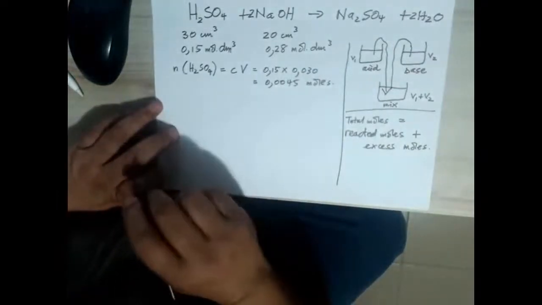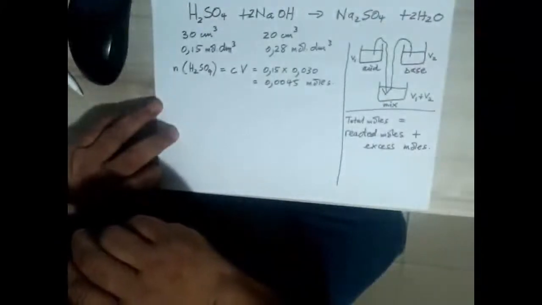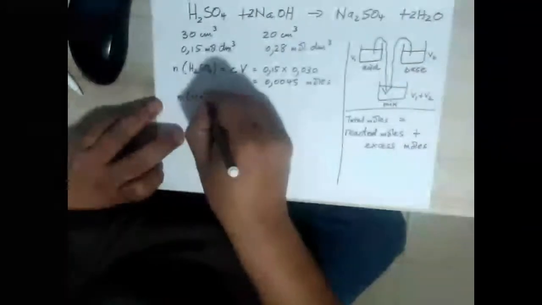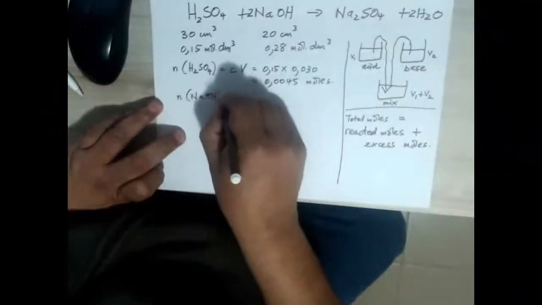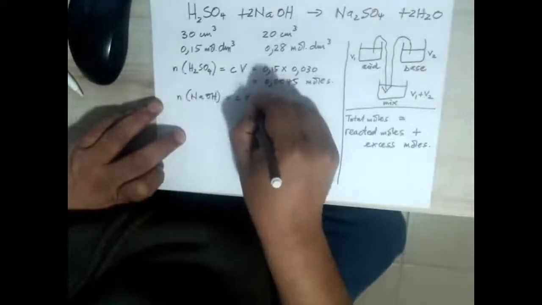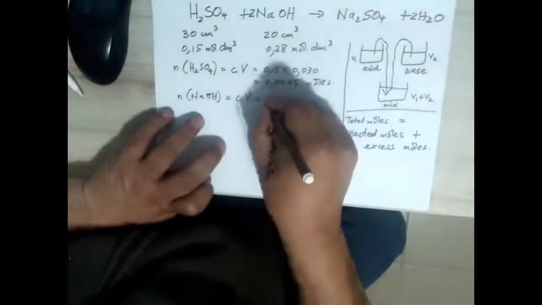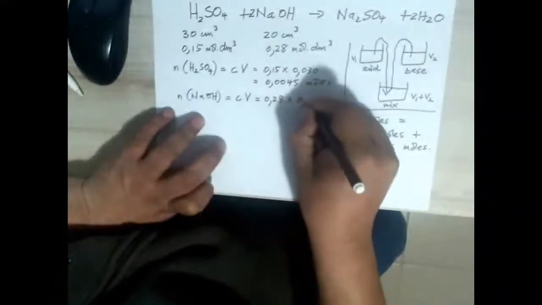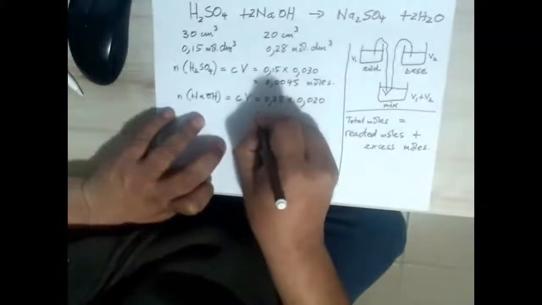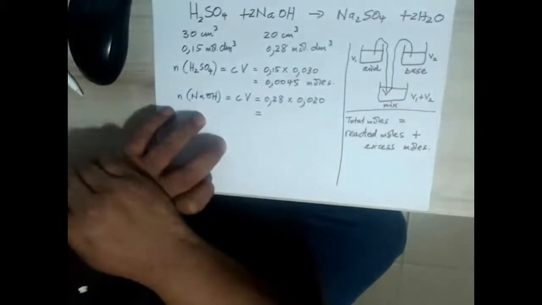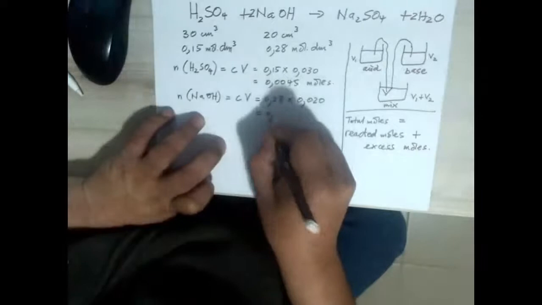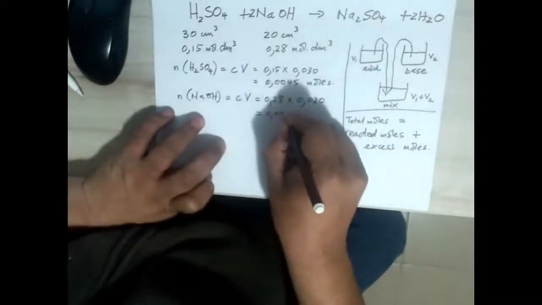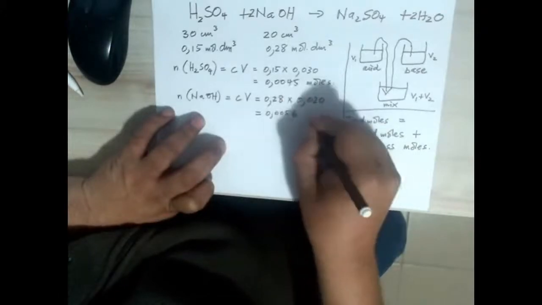Right. And now I'm going to look at the moles of sodium hydroxide. So the moles of sodium hydroxide is concentration times volume. And I get 0.28 multiplied by 0.020. And if I multiply those two, I get 0.0056 moles.